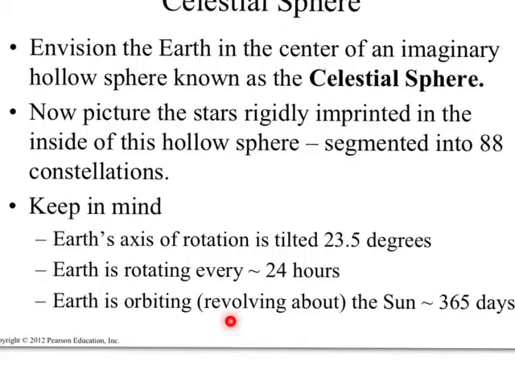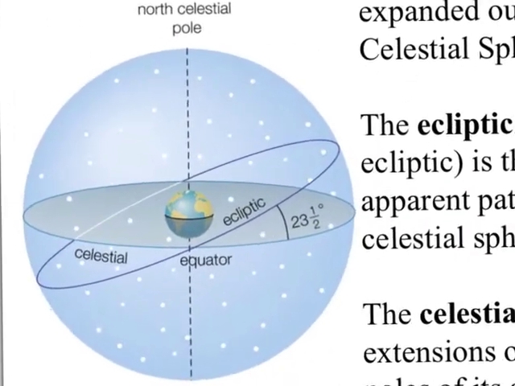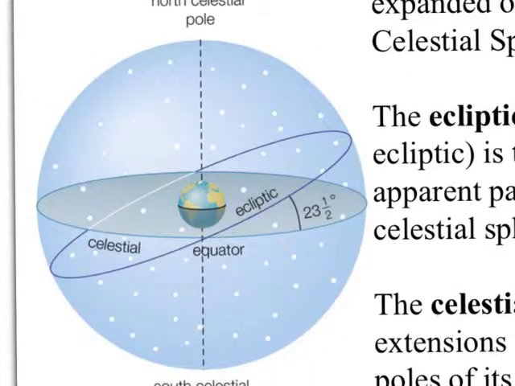So here's another celestial sphere. This one's from your textbook. So a few features of the celestial sphere. Hopefully you can see the similarity between this celestial sphere and the last one. In here we, of course, have the Earth, and then we have this hollow sphere, with the stars imprinted on it. Just some features to point out. Again, the orientation of the Earth in this diagram: you see the Earth's axis of rotation.